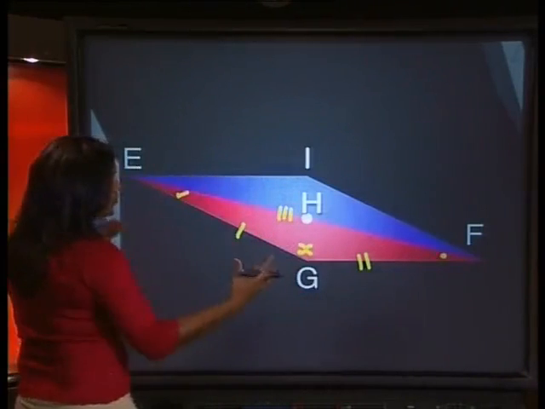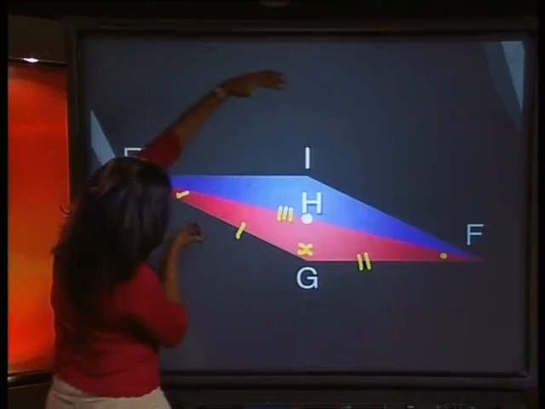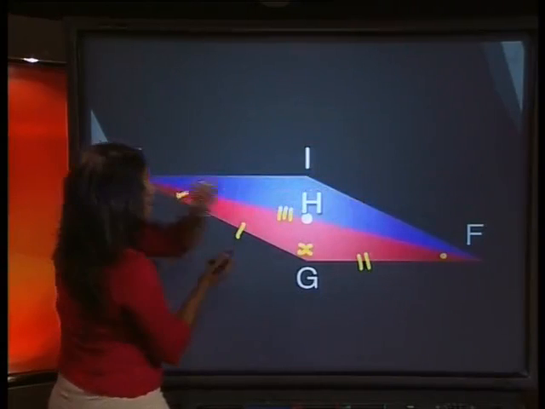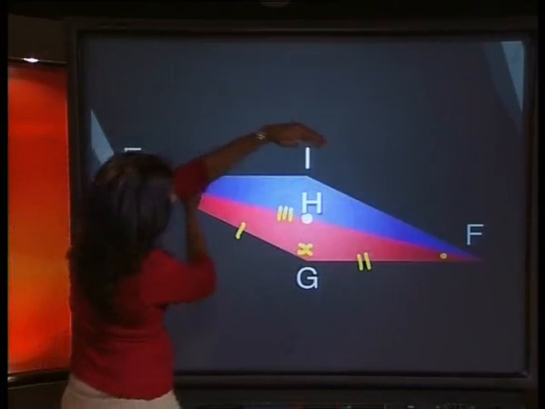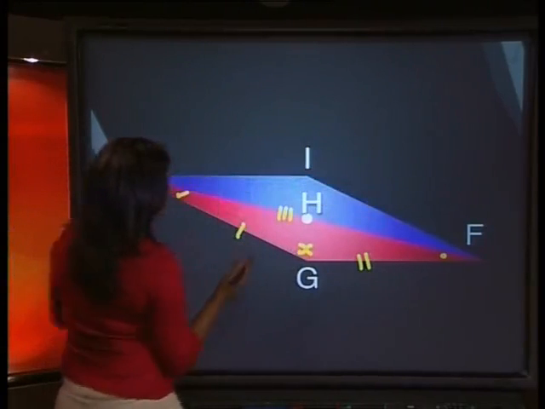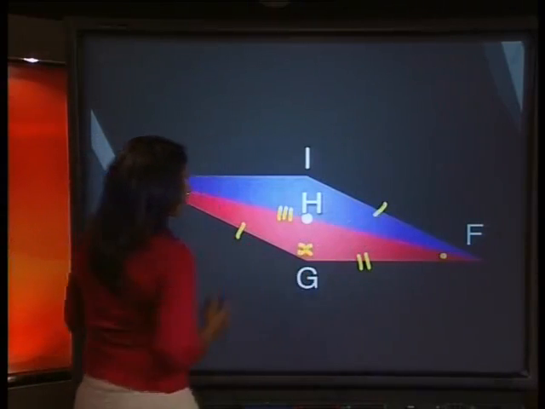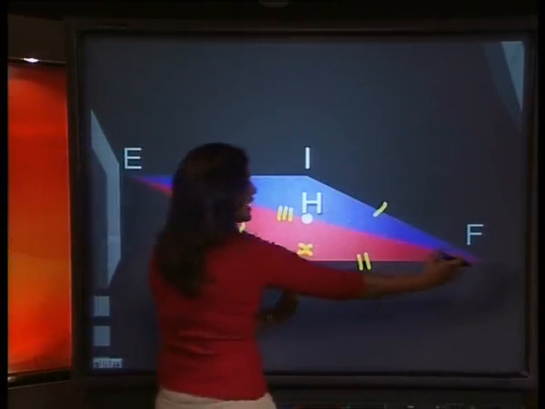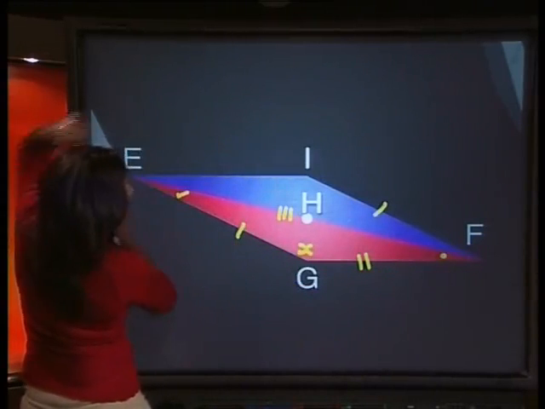Now, when we rotated the red triangle, it moved all the way around like this. This means that side EG rotated all the way around to become IF. This means that EG is equal in length to IF. Now if you look at the side GF, GF rotated all the way around here and became EI.